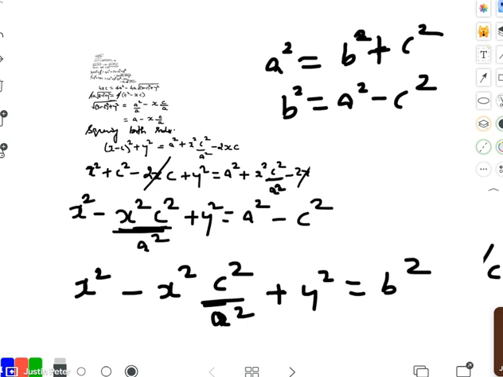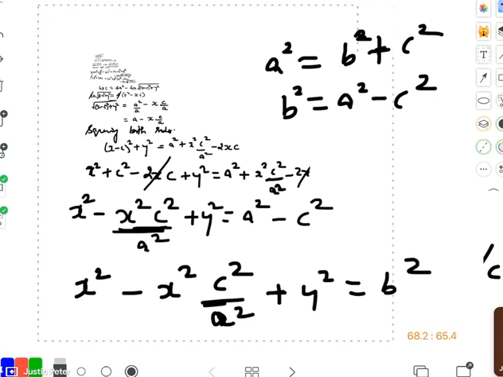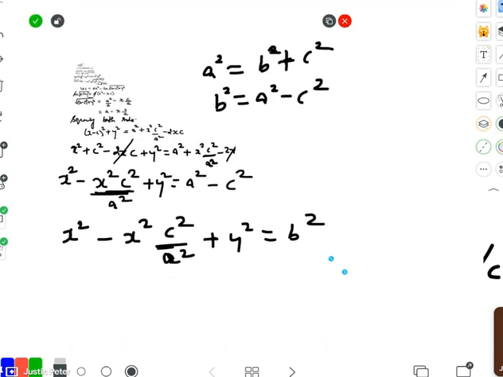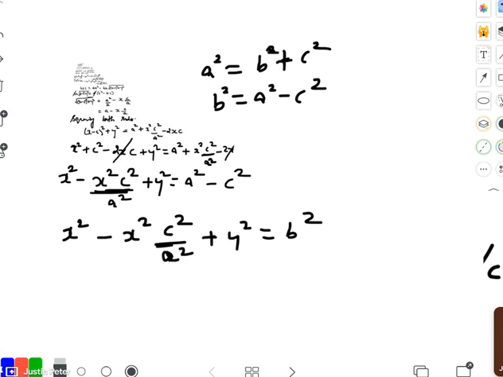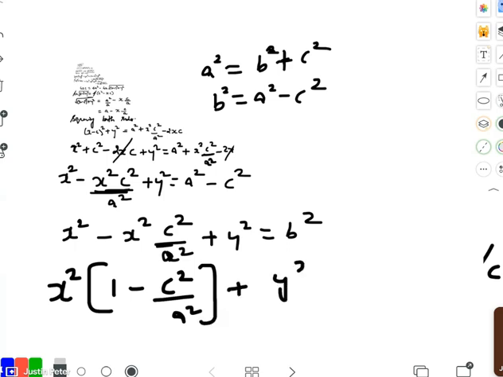Divide throughout by b square. What do we get? So this should be slightly modified. If you take the LCM, this is going to be 1 minus c square by a square, correct? Plus y square is equal to... right now we'll not divide, we'll divide it in some time.